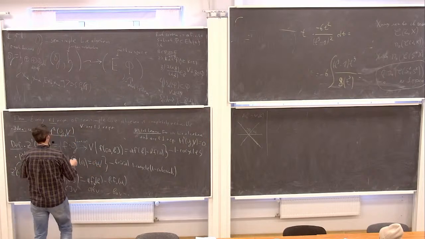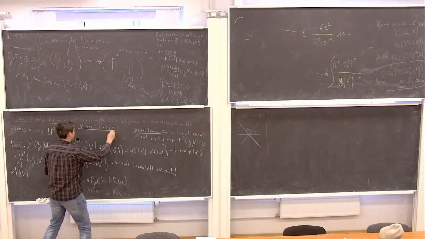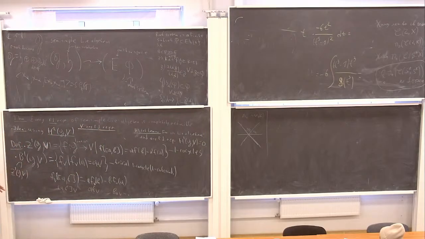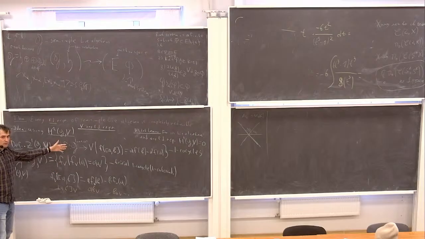V is a representation, and A is its action on V. I could use rho of A on V, but then this could be confusing. Okay, so this map is always a one cocycle.